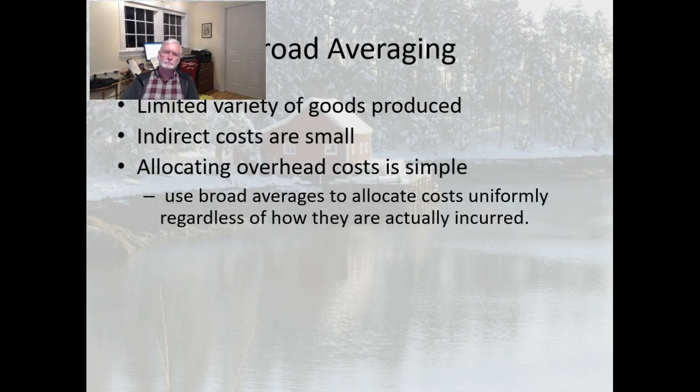So when we don't produce very many different kinds of goods, and we don't have very many indirect costs, simple systems work really well because we're not trying to allocate very much overhead, and we don't have to allocate it to very many items or products.